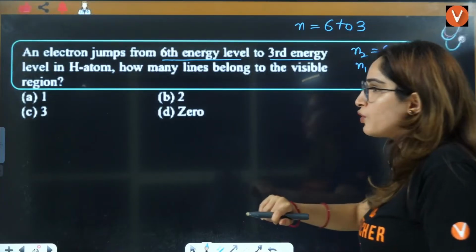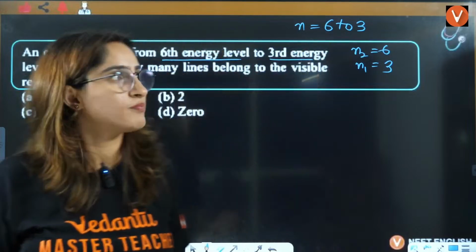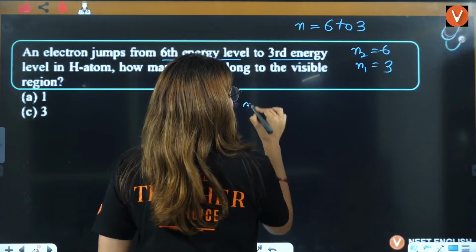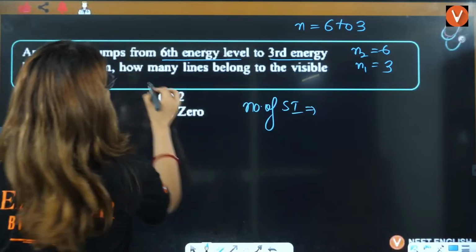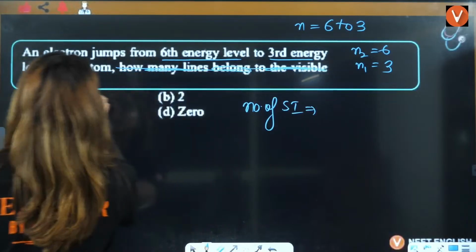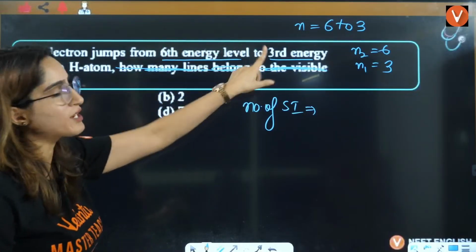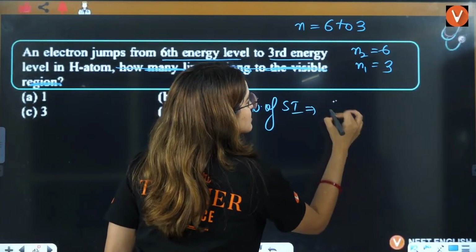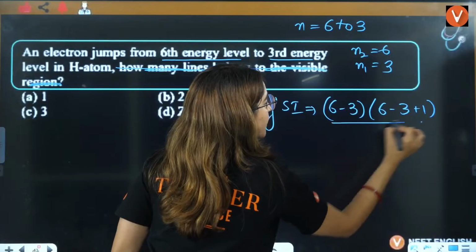Now, they are not saying calculate all the lines of n equals 2 to 1. If they ask you the number of spectral lines, if they just write how many lines belong to the n equals 6 to n equals 3 transition, then the number of lines is (6 minus 3) times (6 minus 3 plus 1) divided by 2.